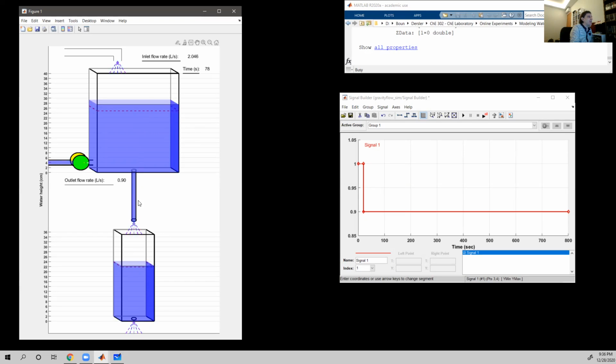And this pipe is so narrow that the increase in the first tank's level is a very slow change in the outlet volumetric flow rate, which really affects the second tank level. And as you can see, there is a slight increase in the second tank.